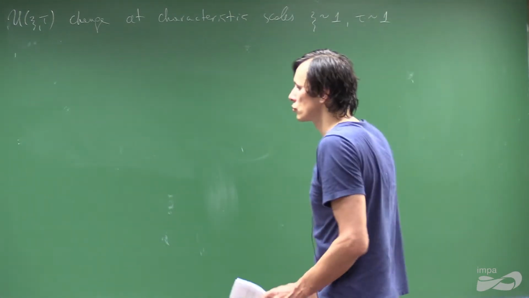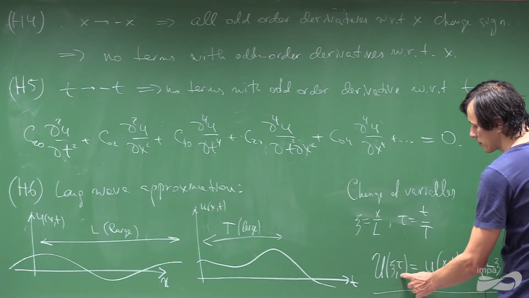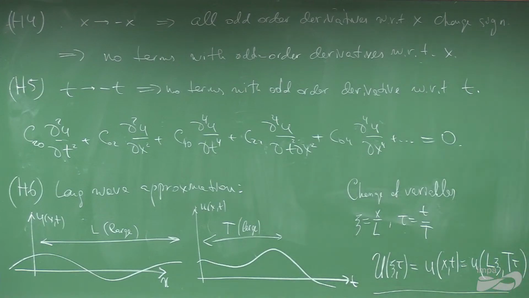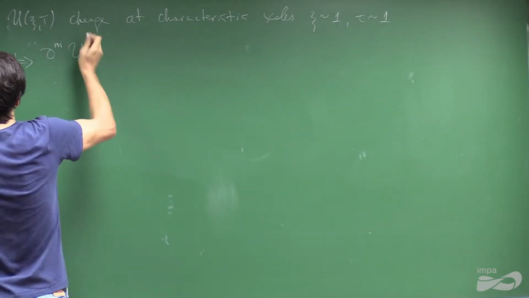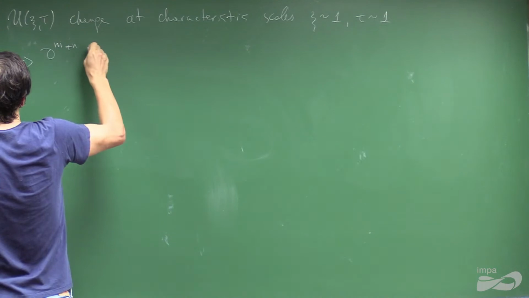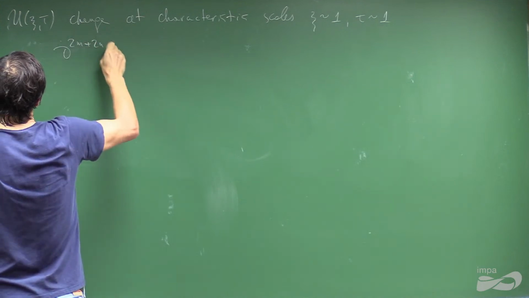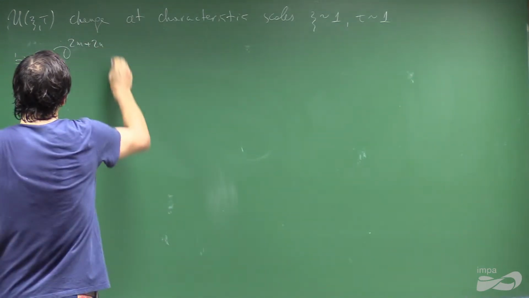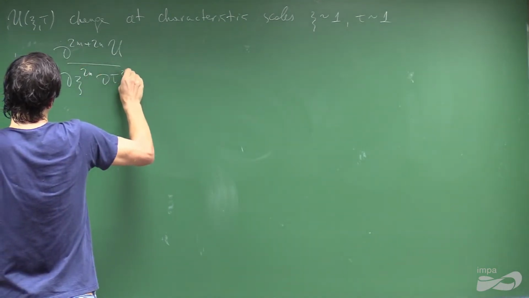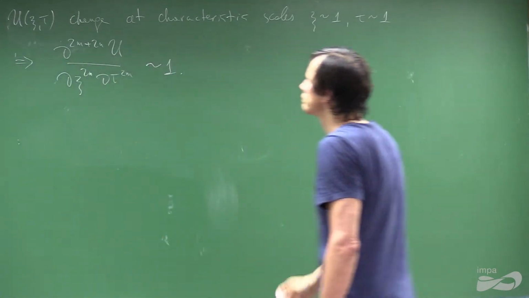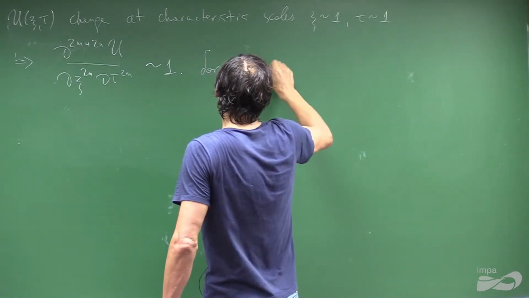So in order to see a large change of U, it's enough to change xi by 1 more or less and tau by 1 more or less, which means that all derivatives, of orders m plus n, for all m and n, are all of order 1.